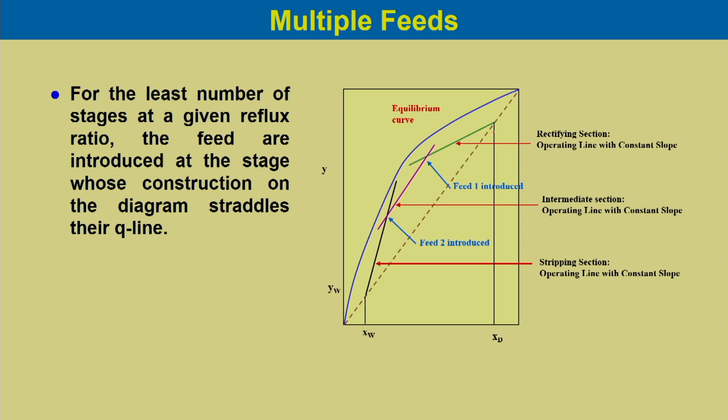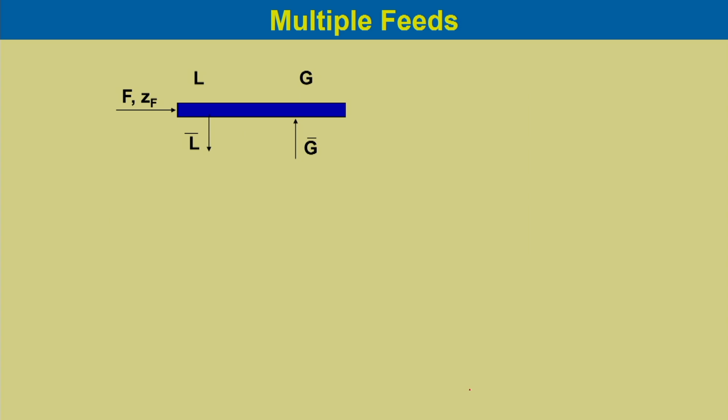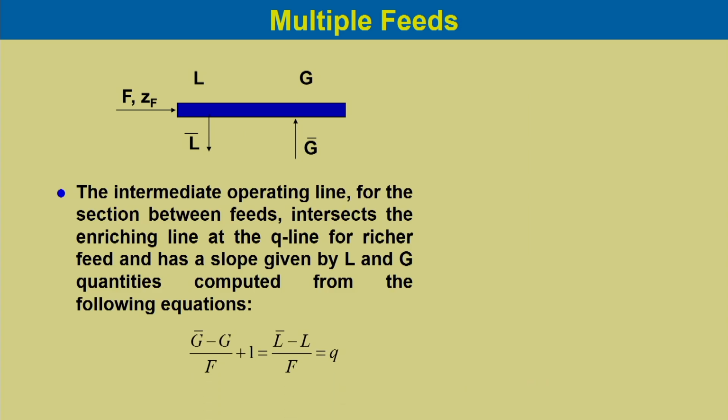First we have to draw the operating line for the rectifying section considering the starting point and the intercept on the y axis, and then based on the feed condition we can draw the feed line equation, the Q line. Similarly, we can draw the feed line for both feeds, which is shown over here.